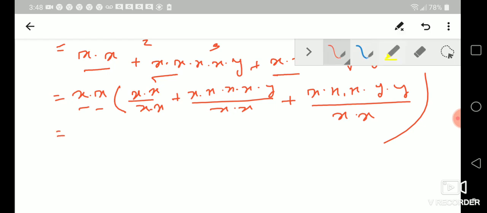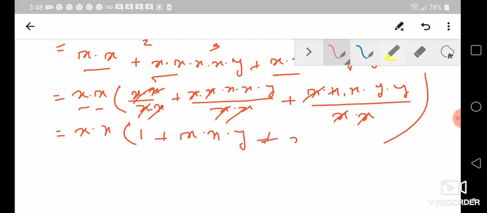So let's see what we are left with after x dot x. We can cancel these, so this will be 1, this and this we can cancel, so it will be x dot x dot y, and we can cancel this and this, so we're left with 1, x squared y, and y.